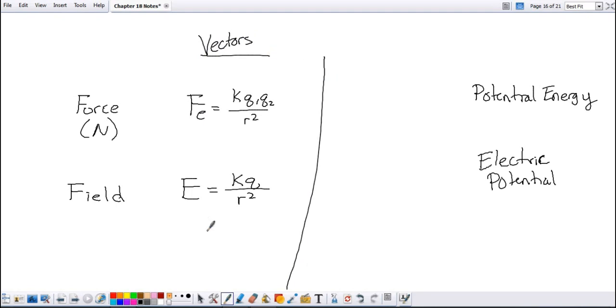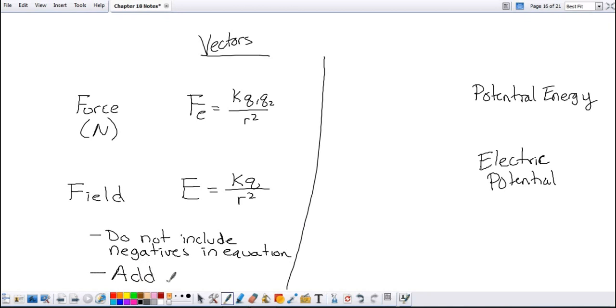Okay? And so, with a vector, we are not going to include the negatives in the equation. Instead, when we're done, we are going to include the direction.